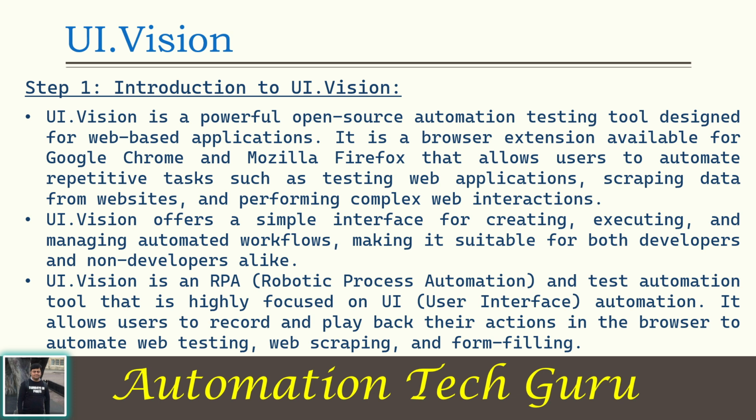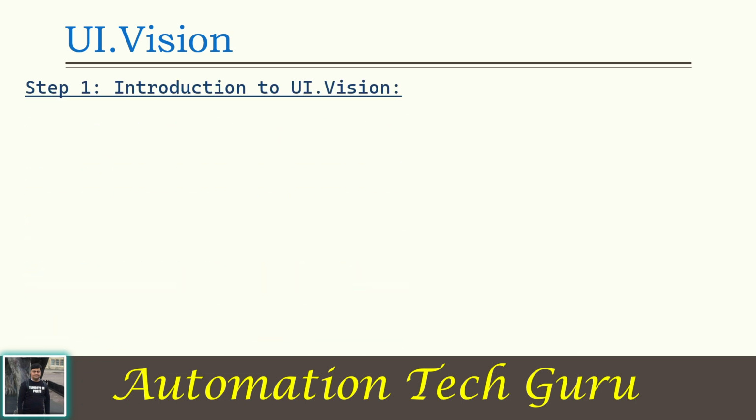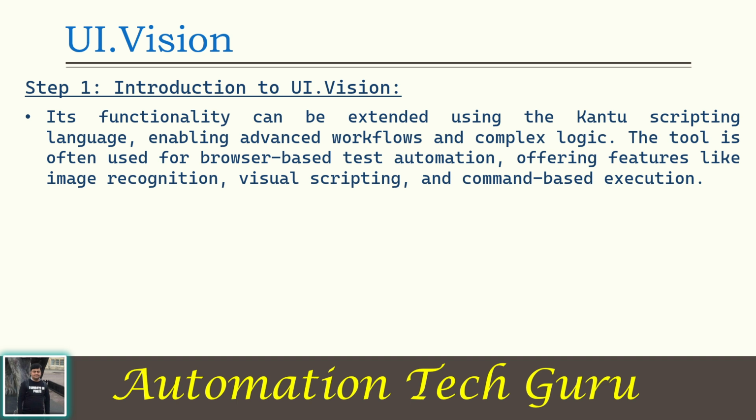UI.Vision is an RPA, robotic process automation, and test automation tool that is highly focused on UI automation. It allows users to record and play back their actions in the browser to automate web testing, web scraping, and form filling. Its functionality can be extended using Kantu, a scripting language, enabling advanced workflows and complex logic.